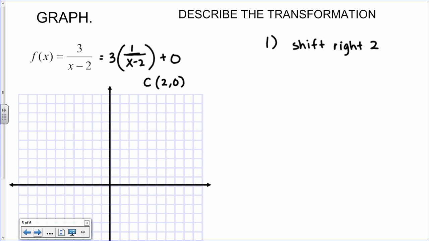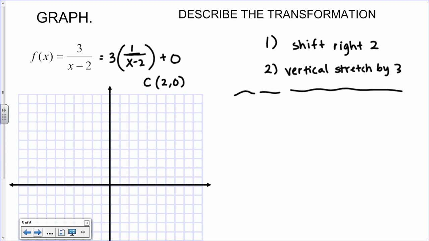The next thing would be your a value here, that 3 out front. So 3 is greater than 1. So that's a vertical stretch or shrink. Good. Vertical stretch by 3. And then plus 0, that means you're not shifting up or down. So just 2 transformations. Okay, so that's the transformation part.